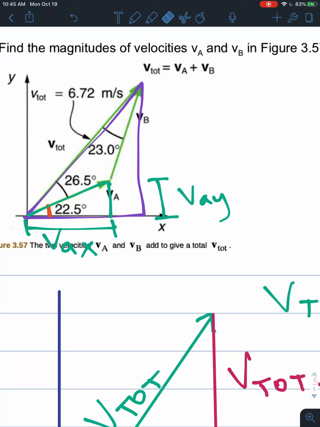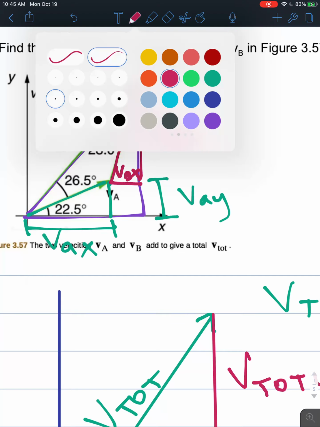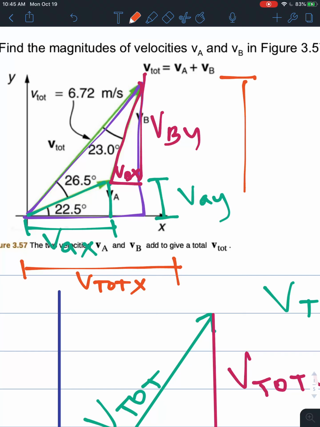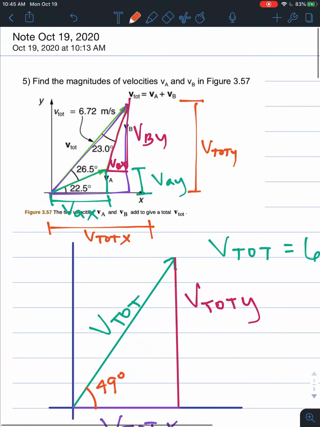And then up here, this triangle here, which has VBY and VBX. So we can see that all of our x is our V tot x, and all of our y is our V tot y.